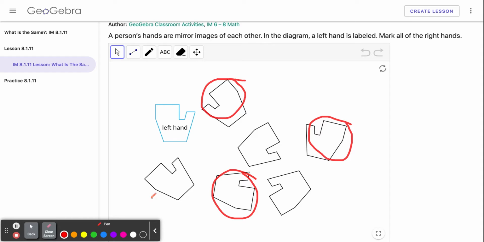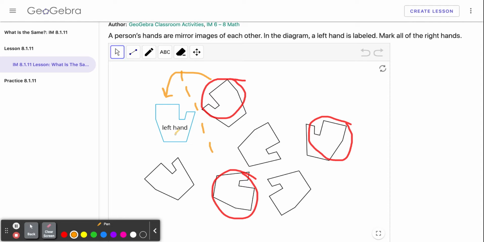But what this activity is designed to help you notice is that even though some of the hands look like right hands and others look like left hands, we still know that the shape is ultimately a reflection.